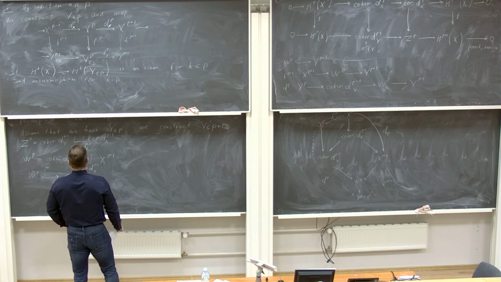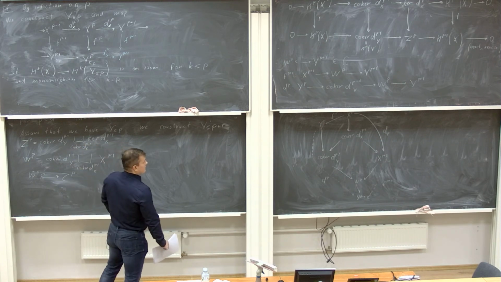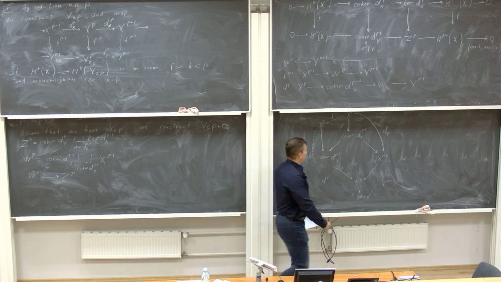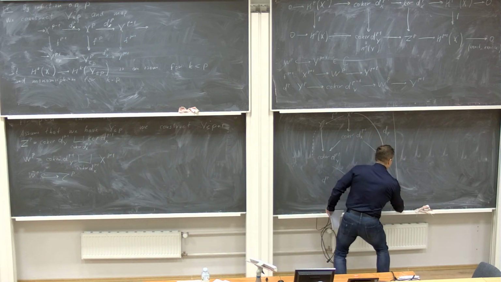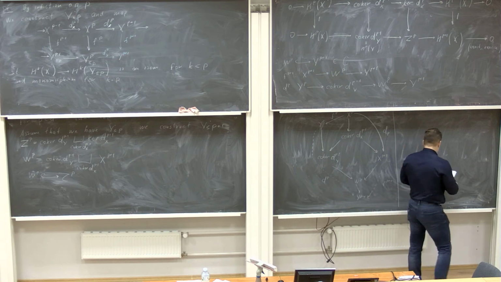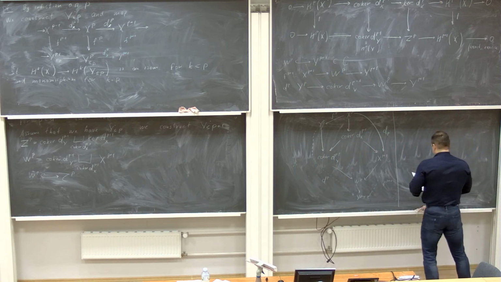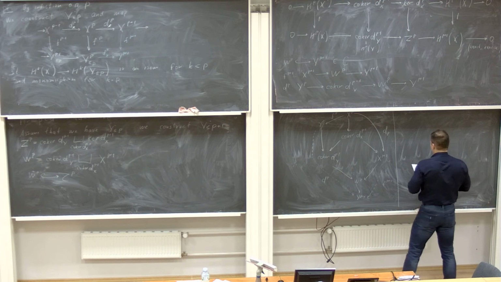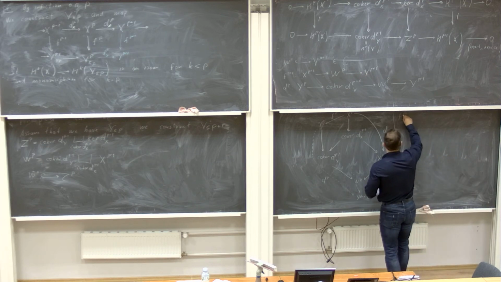Okay, so I need to erase something, or maybe I can continue on that last piece of the blackboard. So the last thing that I need to check is that I have an isomorphism in cohomology. So let's do the computation.